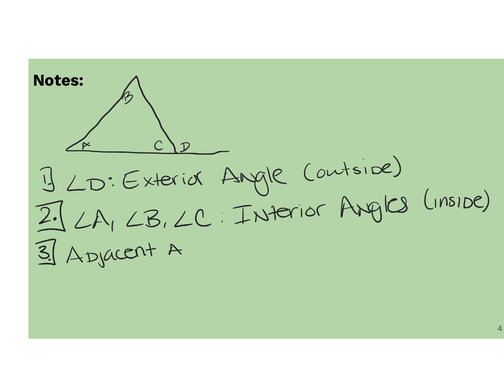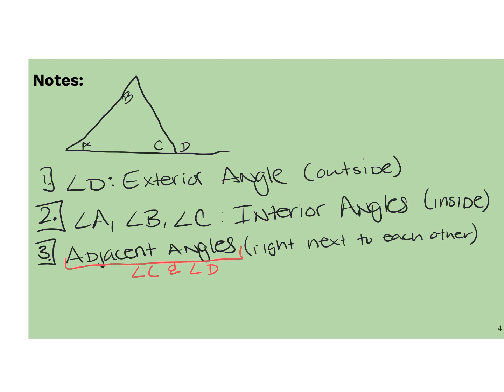So adjacent angles, and what does that mean? It means they are right next to each other. So angle C and angle D are adjacent, right next to each other, C, D.